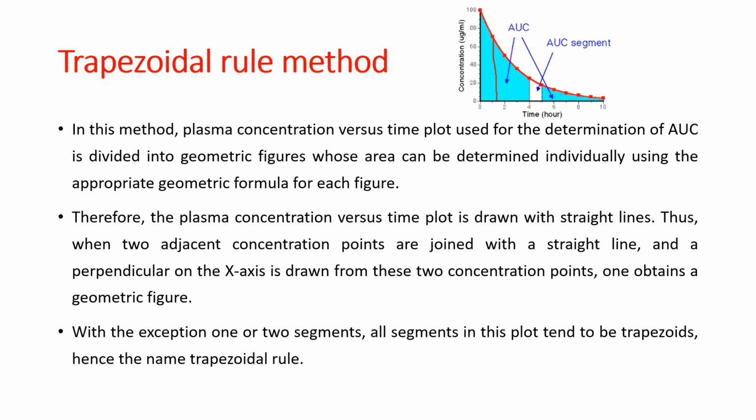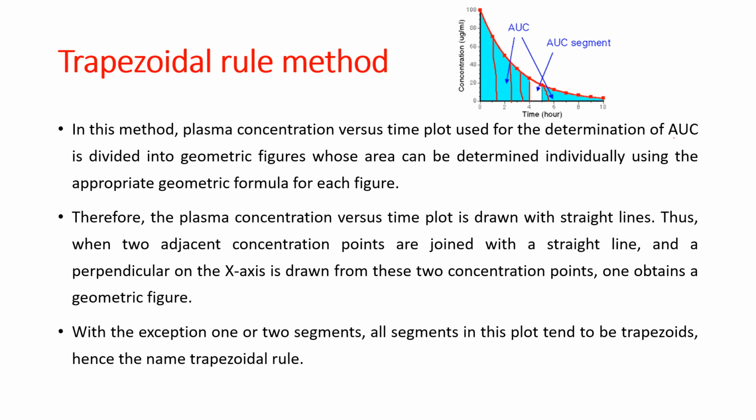This is trapezoid number 1, then we will make trapezoid number 2, then again draw the line and make trapezoid number 3, then trapezoid number 4, 5 and so on. In this particular experiment we are dividing the area under the curve into 6 trapezoids, and from these 6 trapezoids we will calculate the AUC.